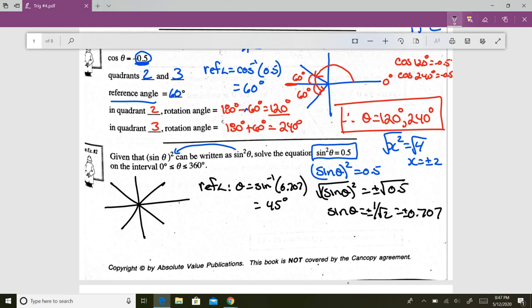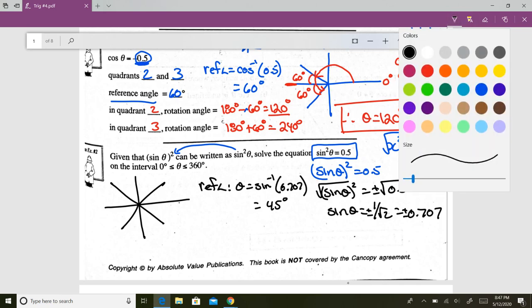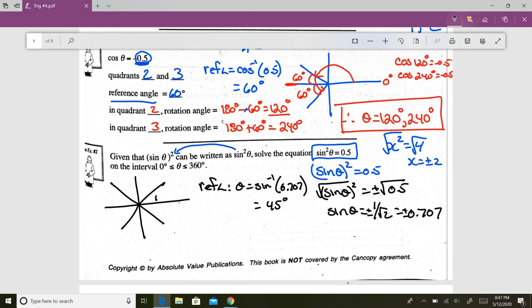That is my reference angle, which means this is 45 degrees, that's 45, that's 45, that's 45. Which means my rotation angle, if we start here and we go to there, we get 45.